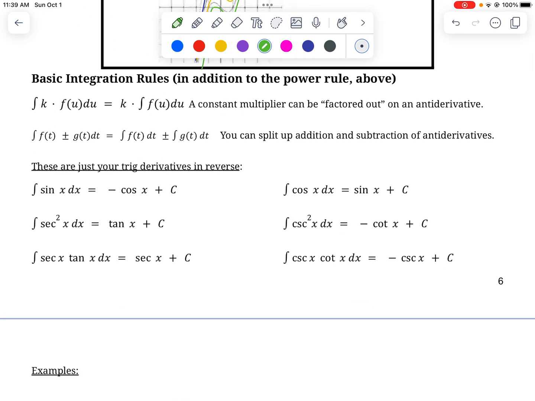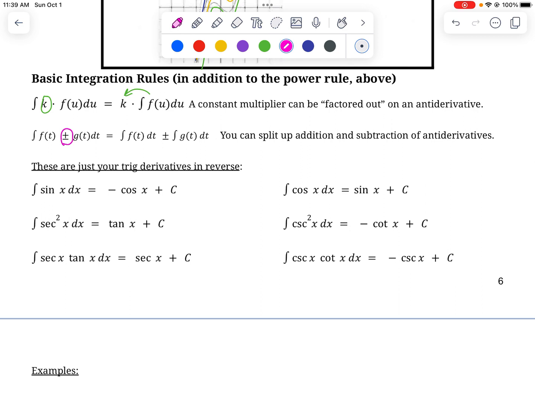Some basic things about integration: if you have a constant multiplier, you can pull that out of the integration sign. That sometimes is helpful. If you have adding or subtracting, you can split those up, okay? That is not true for multiplication or division. Be cautious.